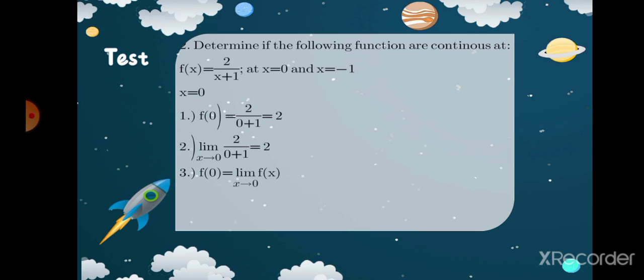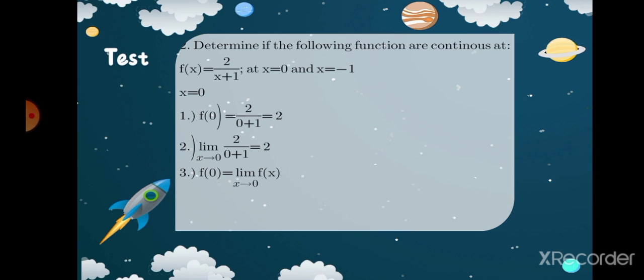In number 2, let's find out if the limit of f of x as x approaches c, or 0, exists. The function 2 over x plus 1 has a limit because we have the value of 2.